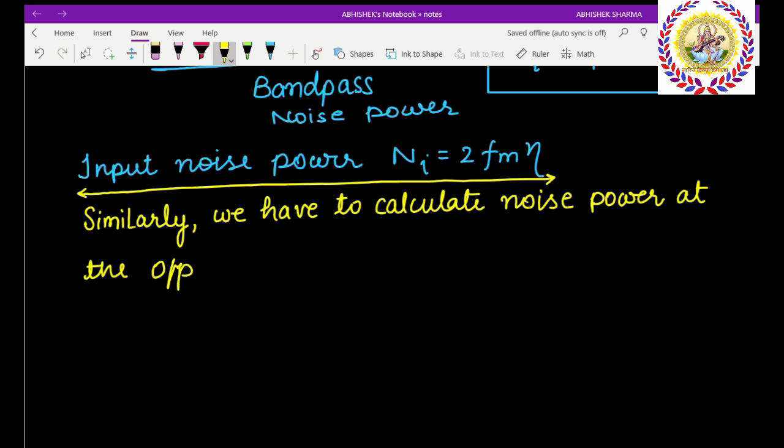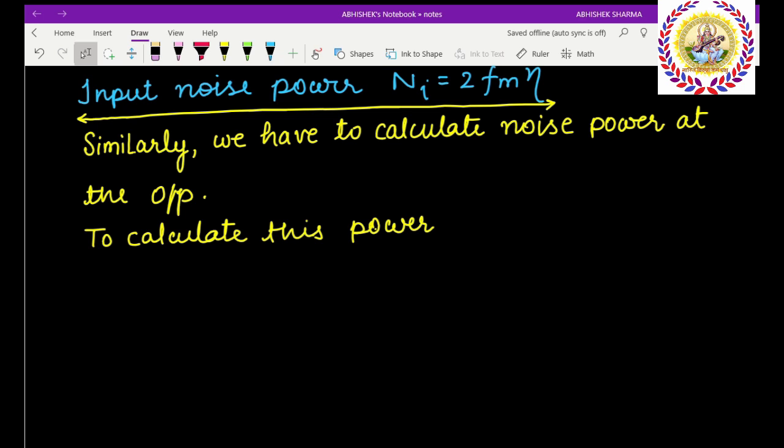To calculate this power, we will assume that mt is not present at the input, or we can say mt is absent at the input terminal. You can say in FM signal mt is not present.